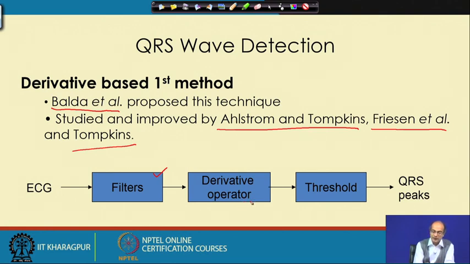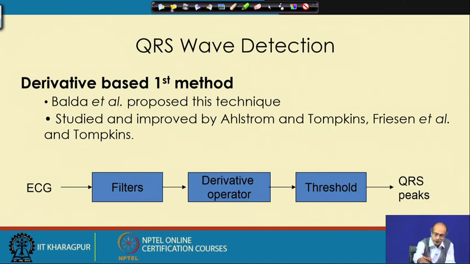One good thing is that the derivative operator is robust to low frequency noise, so the filter is primarily responsible for suppressing the high frequency noise. If we do that, that will be good enough. Then it is followed by the thresholding operation, and we would get the QRS peaks.